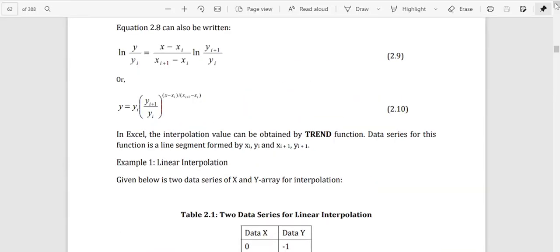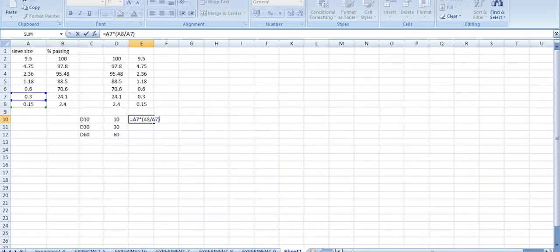So we have yi, bracket yi plus 1 all over yi. So we are in order. You can see it. This is yi, which is there. Then we have yi plus 1, which is this.